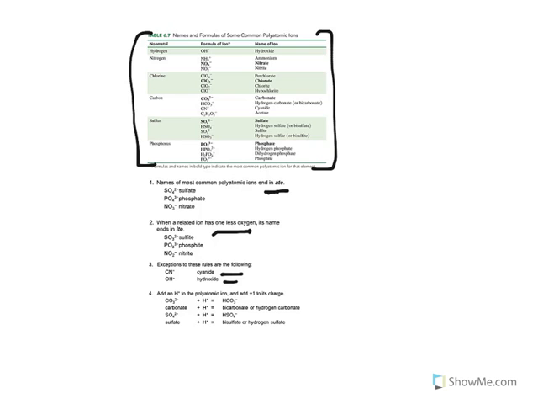If you add a hydrogen to a polyatomic ion, you add +1 to its charge and the word hydrogen to its name. For example, carbonate is CO3 with a 2- charge. If you add a hydrogen to this, its charge goes up by +1, so instead of -2, it is now -1.